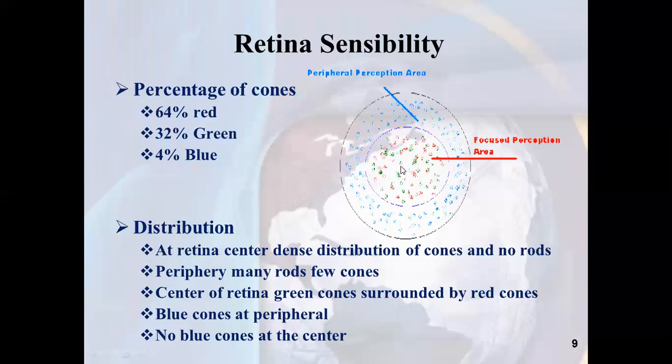We don't have any blue cones at the center. So to summarize, at the center of retina, we have red and green cones. At the peripheral, we have blue cones and we have rods. And remember that cones are responsible for the colors, rods are independent of the color.